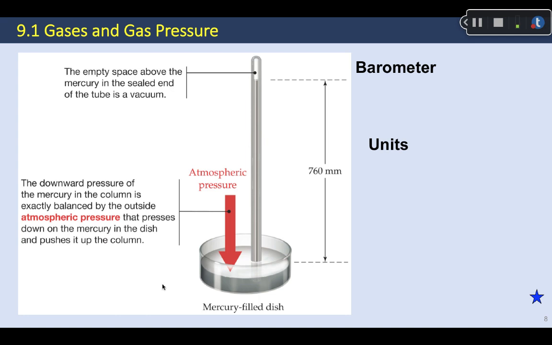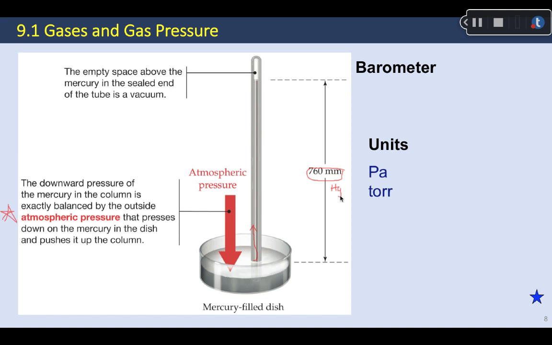The downward pressure of the mercury in the column, in that tall skinny tube there, is going to be balanced by the outside atmospheric pressure that presses down on the mercury in the dish and pushes up the mercury in this column. So at ordinary atmospheric pressure, that's 760 millimeters of mercury, in fact. And so we can relate the atmospheric pressure to the height of a column of mercury in this device we call a barometer.